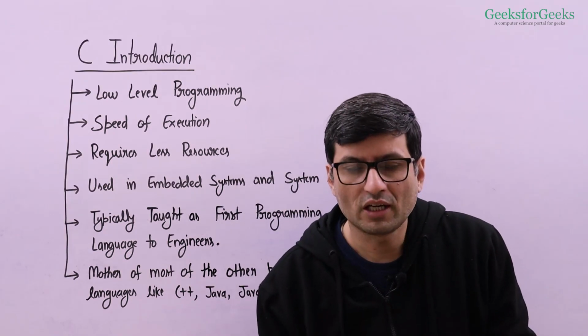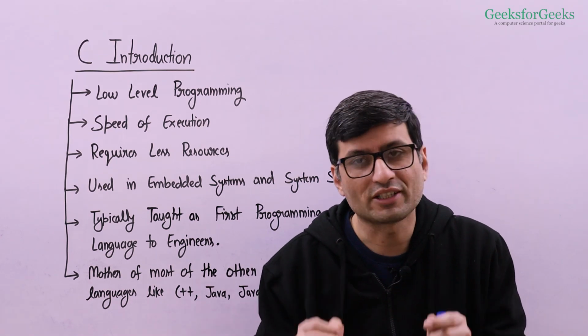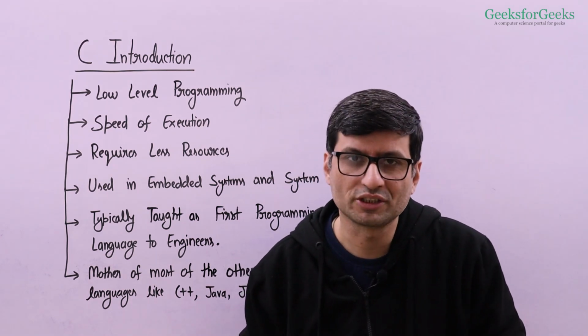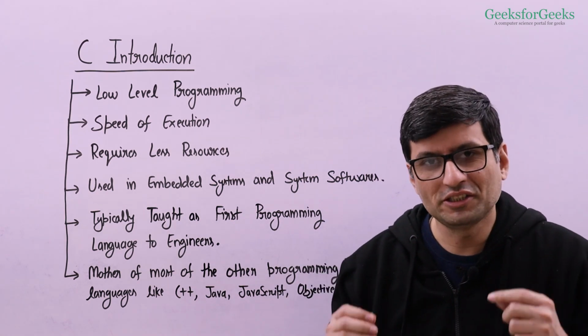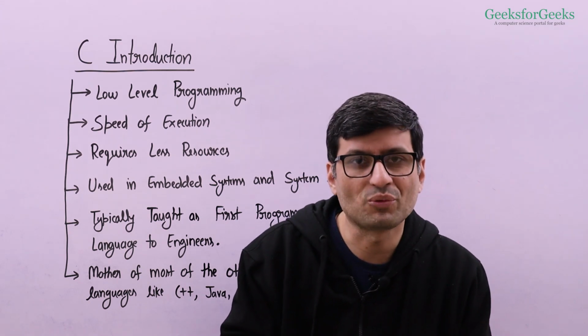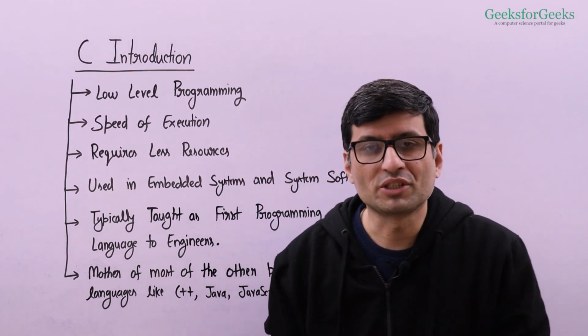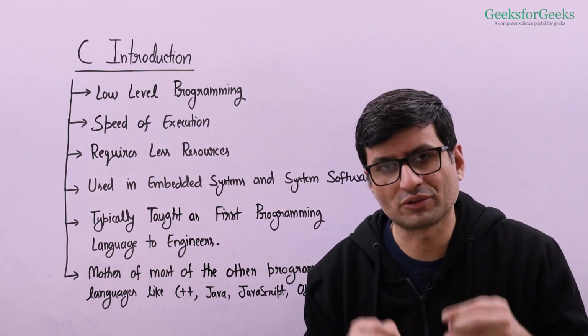C language, after so many years have passed, is still taught as a first programming language to engineering students. And you might be wondering what the reason for this is. See, C has features like pointers and hardware access functions, which allow you as a programmer to learn the internal workings of your system.